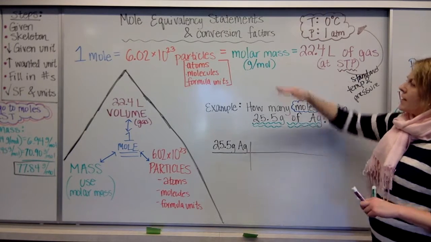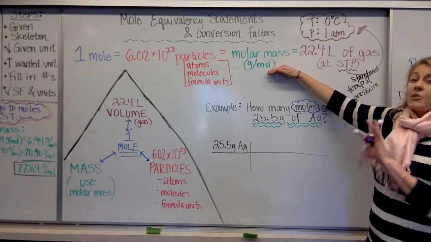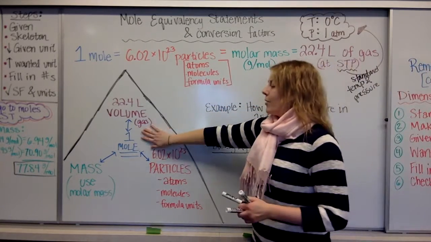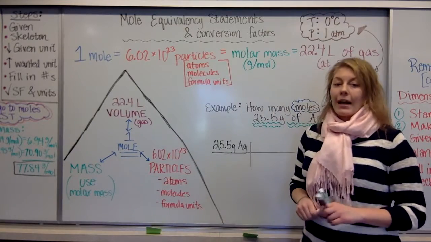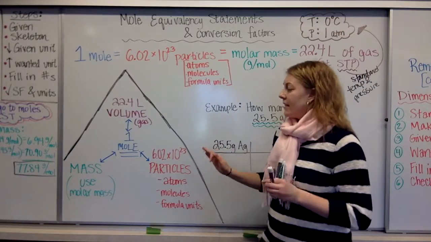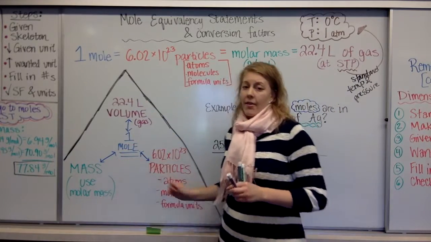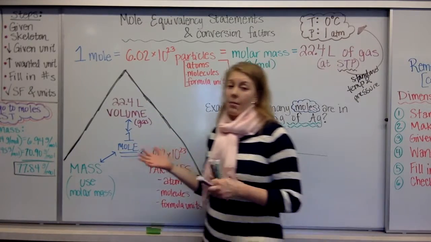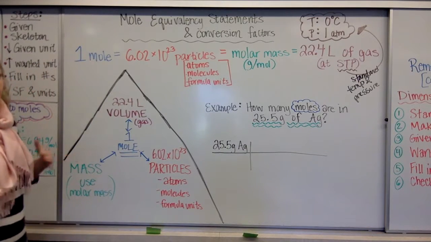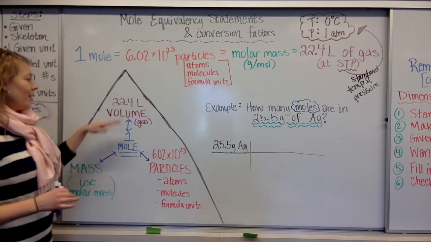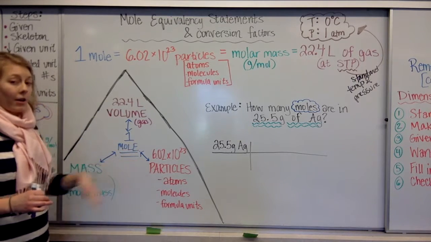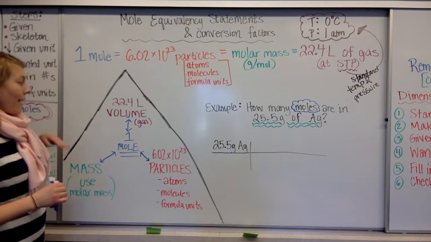All right, now, this equivalency statement is integral to everything that we're doing, all right? So I've laid it out here. You'll hear some people call this mole island, or mole highway, all right? But what this is doing is laying out how to convert from one to the other. So kind of like converting from cookies to dozens of cookies. Here, we can convert from volume of a gas to moles, moles to particles, moles to mass, right?